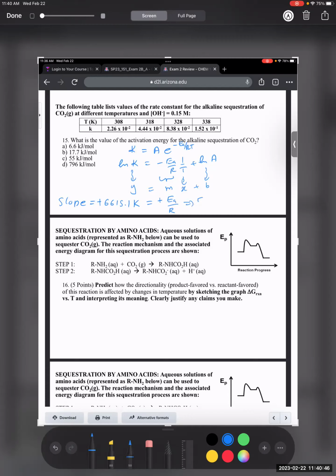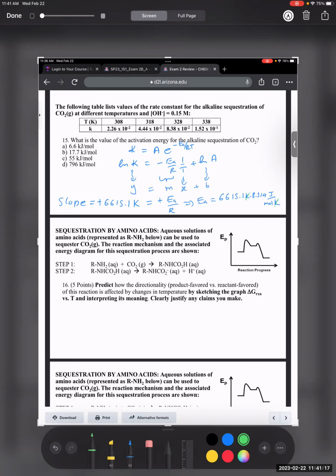Now the activation energy is equal to 6615.1 Kelvin multiplied by the gas constant, which is 8.314 joules per mole per Kelvin. Okay, so if you do this calculation, the Kelvin cancels out, and you're going to get an answer in joules per mole.